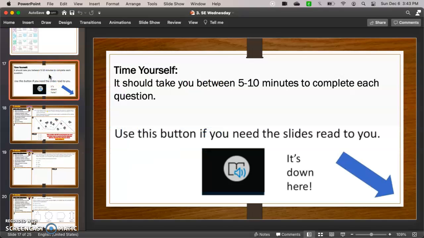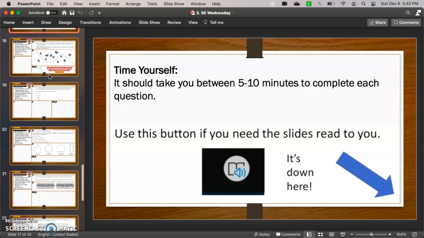It should take you between 5 and 10 minutes to complete each question.